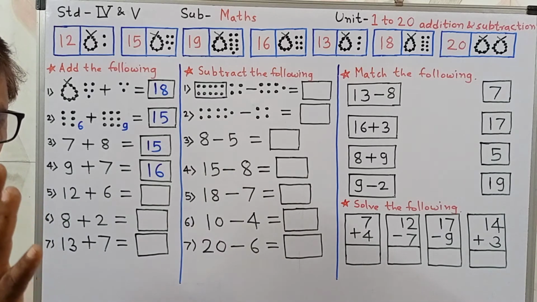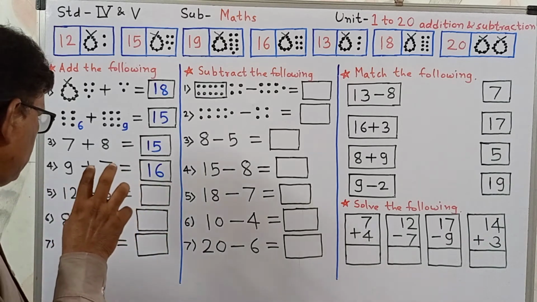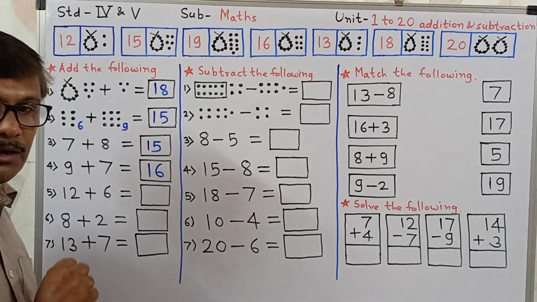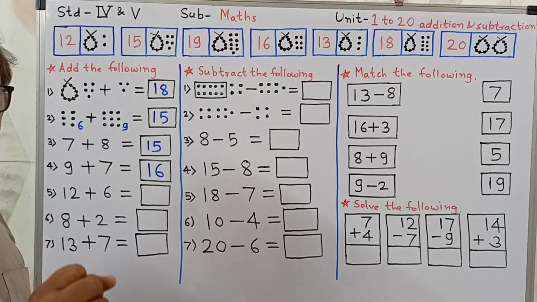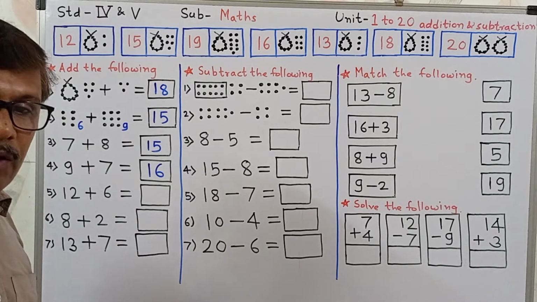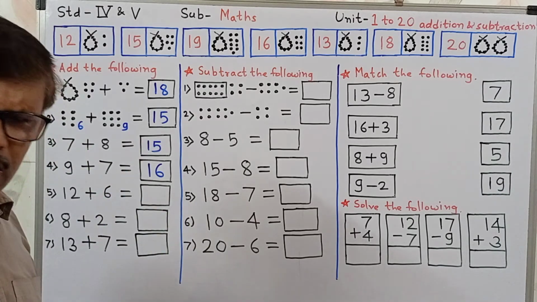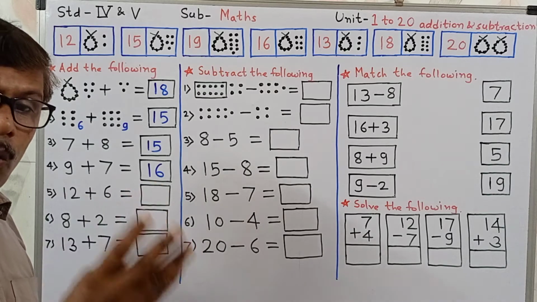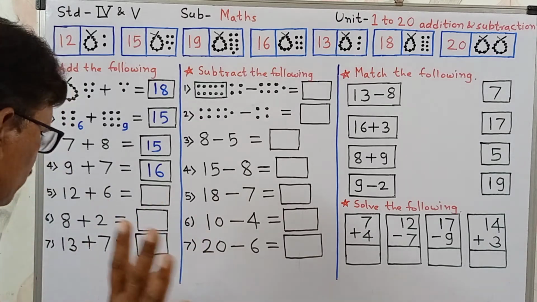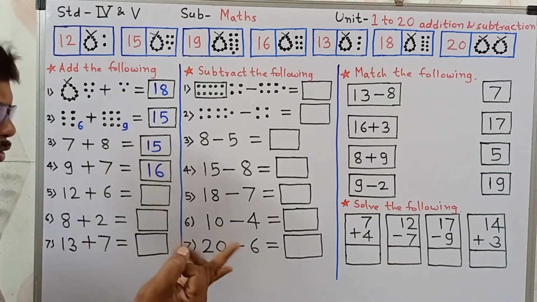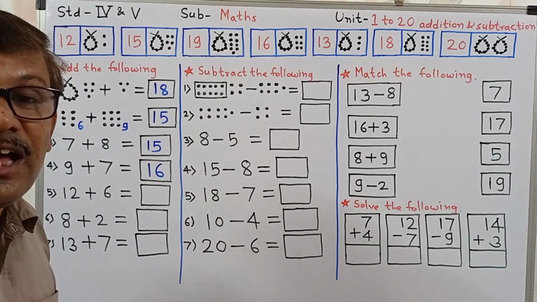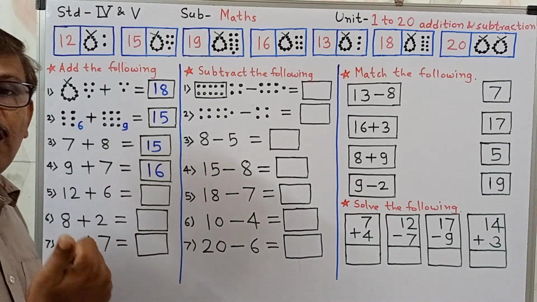If you have a problem recognizing the smaller number, you count from 1, and the number which comes first is the smaller number. Now count 1, 2, 3, 4, 5, 6. Which number came first? 6. 6 is the smaller number and 12 is the bigger number.